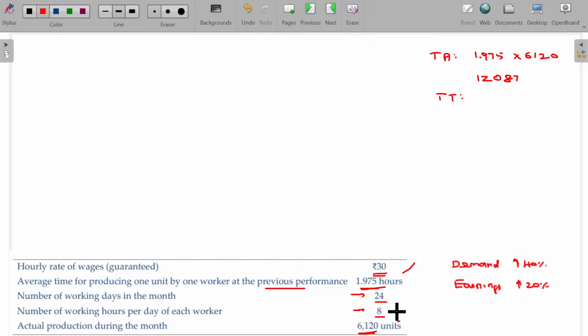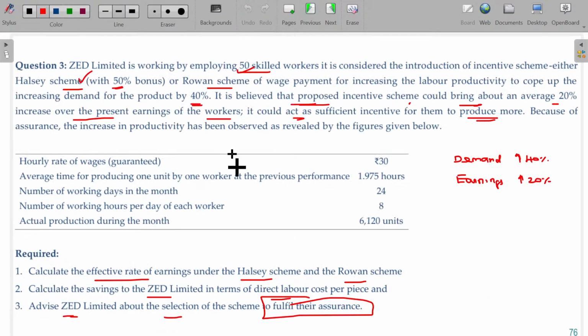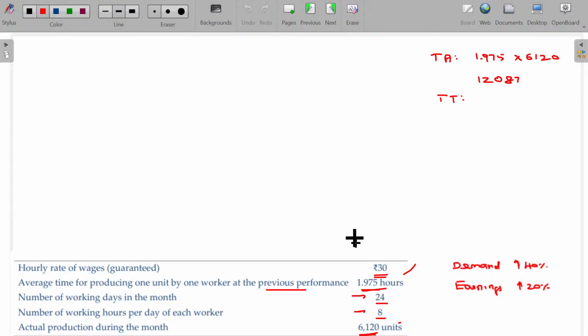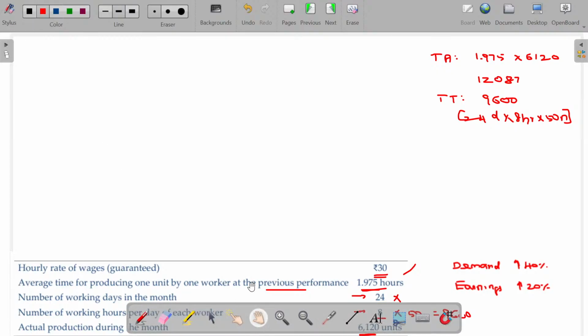How many workers are there? 50 skilled workers are there. So you have to multiply this with 50. What is the final value? 9,600: 24 days, 8 hours, 50 workers. 9,600.